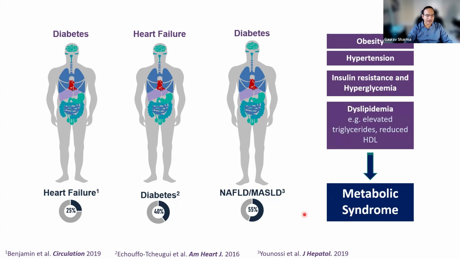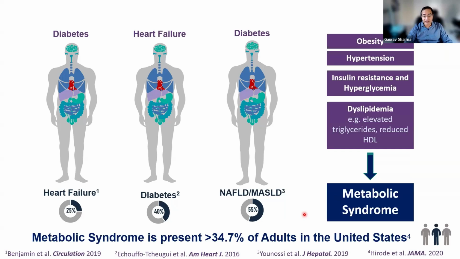Together, they create a condition called metabolic syndrome. It's a syndrome, meaning different diseases and comorbidities together create a syndrome. And I won't be surprised, metabolic syndrome itself is present in more than one-third of the adult population in the United States, at least 1 in 3 adults. So this is a concerning topic.